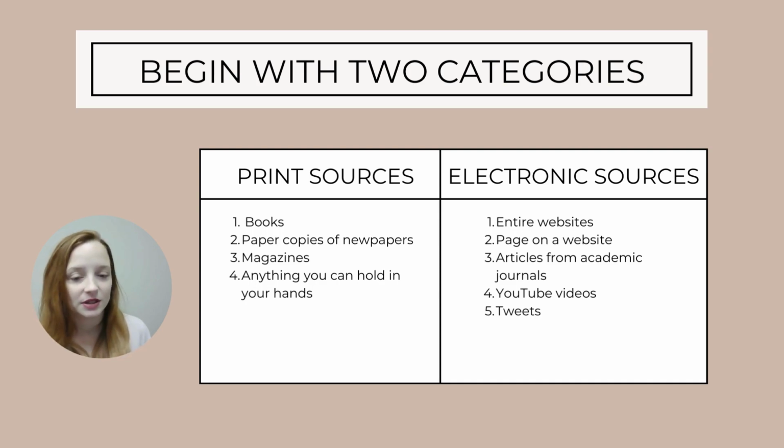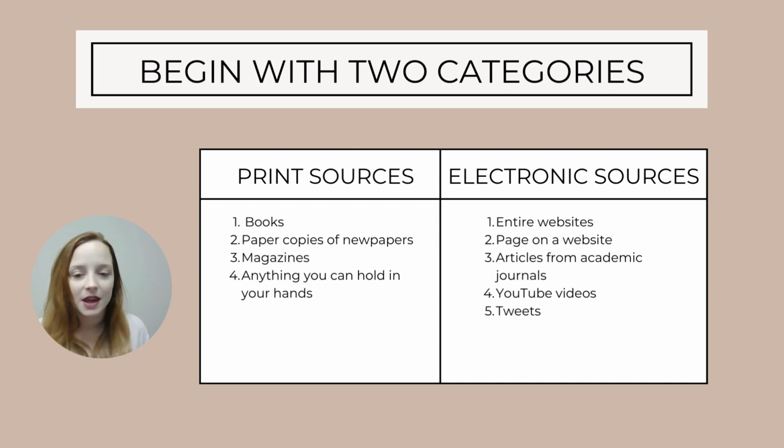Electronic sources are things like entire websites, pages on a website, articles from academic journals, and also things that you might not think you can even use as sources, like YouTube videos and tweets.